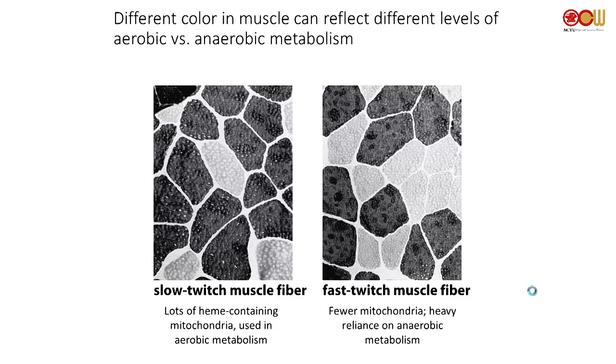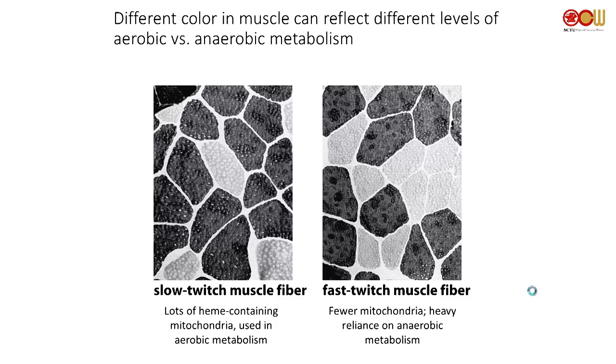So they're going to use mitochondria and respiration for energy generation, so they are going to use O2. These cells are going to use oxygen. On the other side, where you have fast twitch muscle, they have fewer cells with a lot of mitochondria, so you essentially have fewer mitochondria and a heavier reliance on anaerobic metabolism.